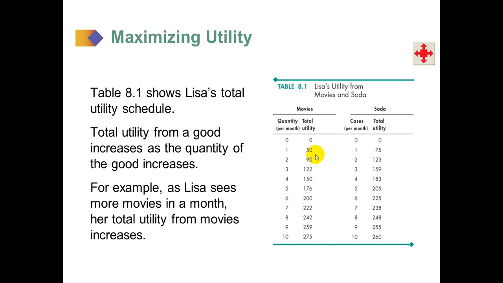So if 3 units give us 122 units of utility, units of benefits, for unit number 3 only, we can get its benefits by subtracting 122 units of benefits minus 90 units, and so on.